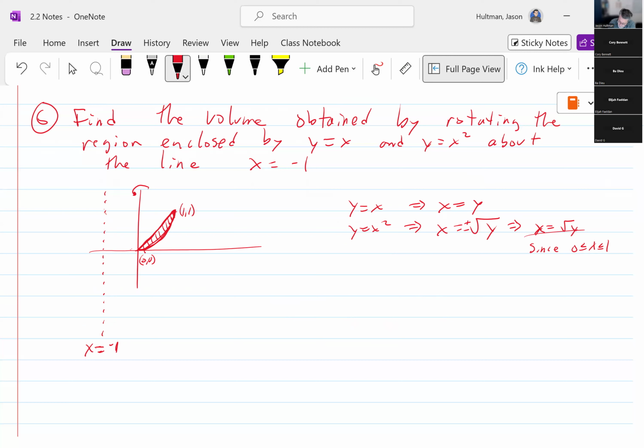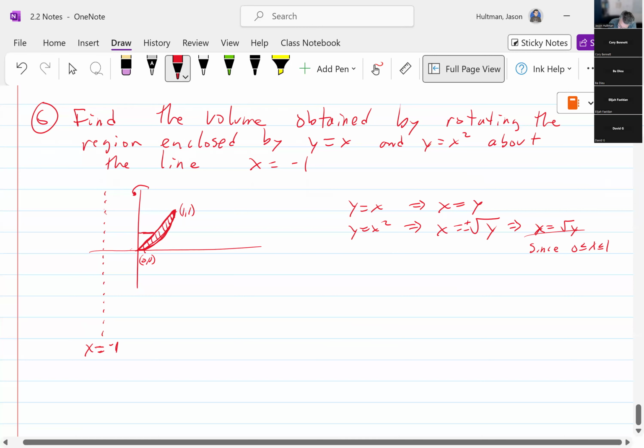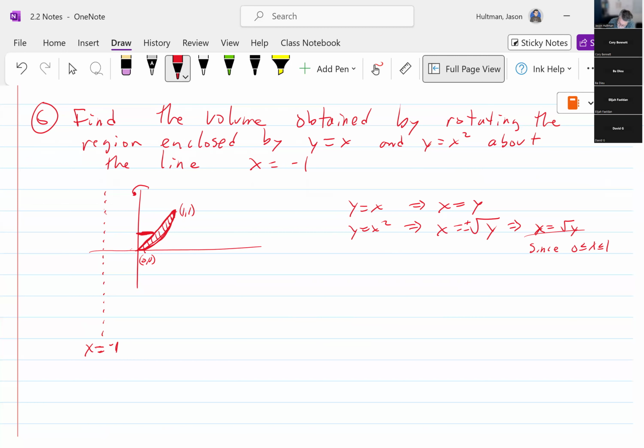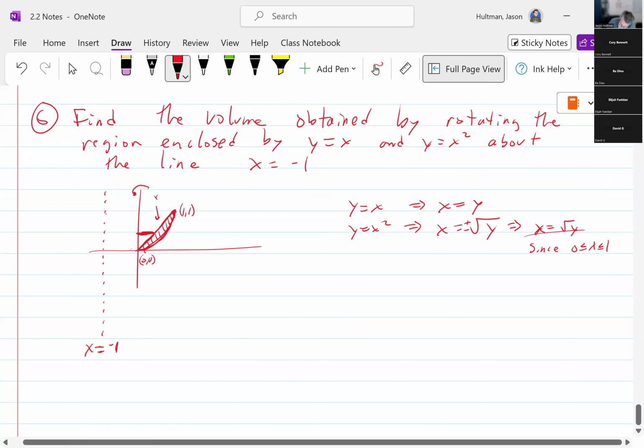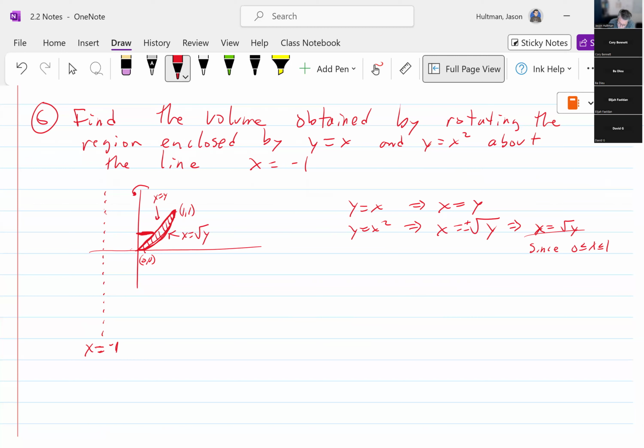However, if I were to rotate about the y-axis, the radius of x equals y, this guy is x equals y, and this guy here is x equals square root of y. The radius there would only be y units long.